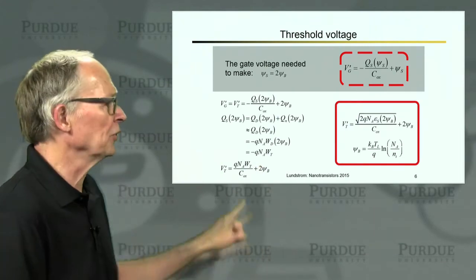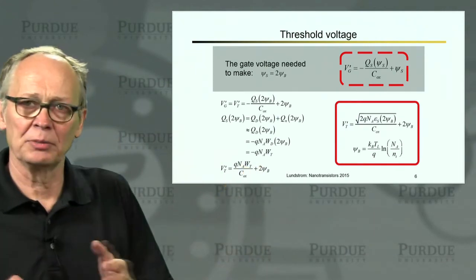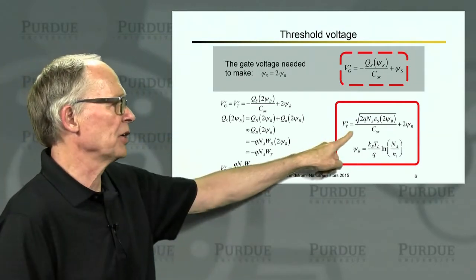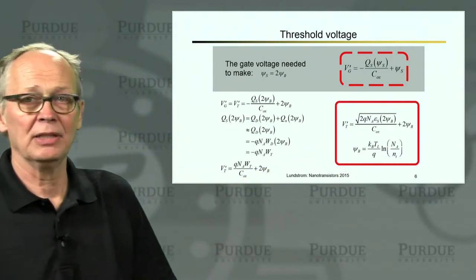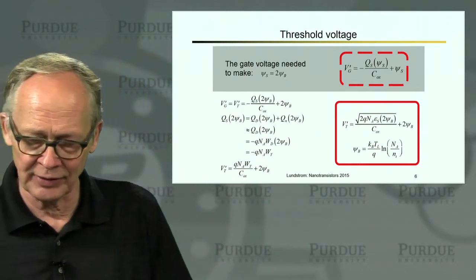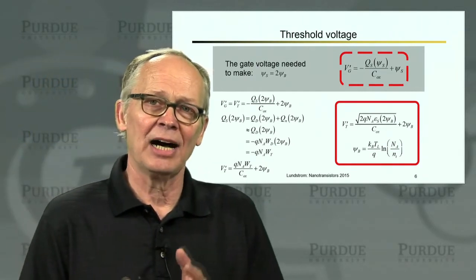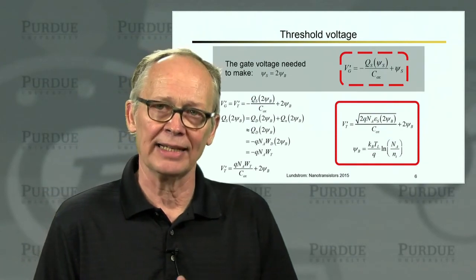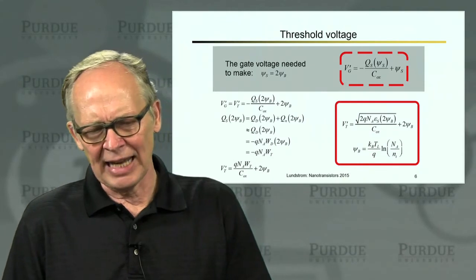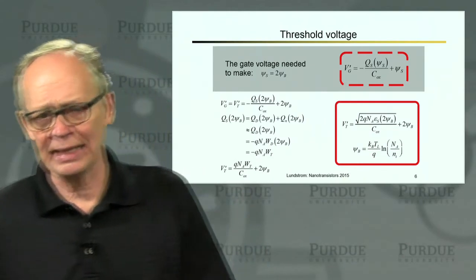We can plug in numbers. We've established before what the depletion layer depth is in terms of surface potential. If we use that expression, we have an equation now. If we're given the doping density, oxide thickness, other quantities of interest, we can calculate how much voltage does it take on the gate to create an inversion layer. And remember, if I have a thicker oxide, I'm going to have a lower capacitance.